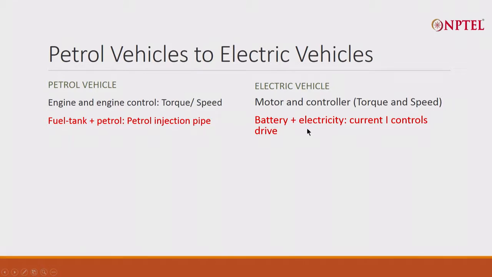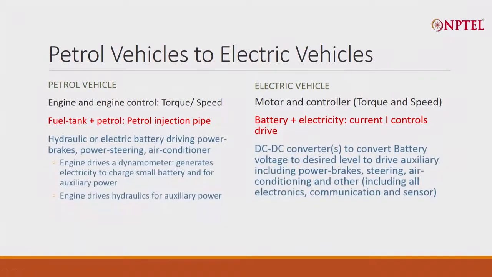In this case, what you will control is current, more current or less current you will draw. If you are accelerating, you will draw more current. If you are climbing up, you will draw more current. If you are not, you will draw less current. So, current control becomes very important, this controls the drive. So, this is the difference between a petrol vehicle and an electric vehicle.